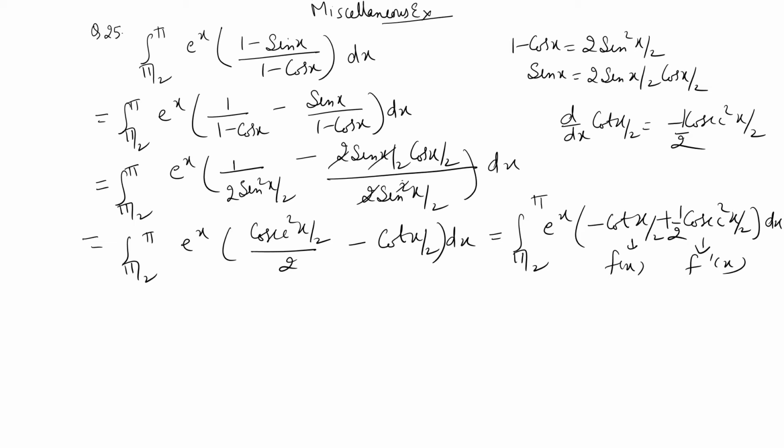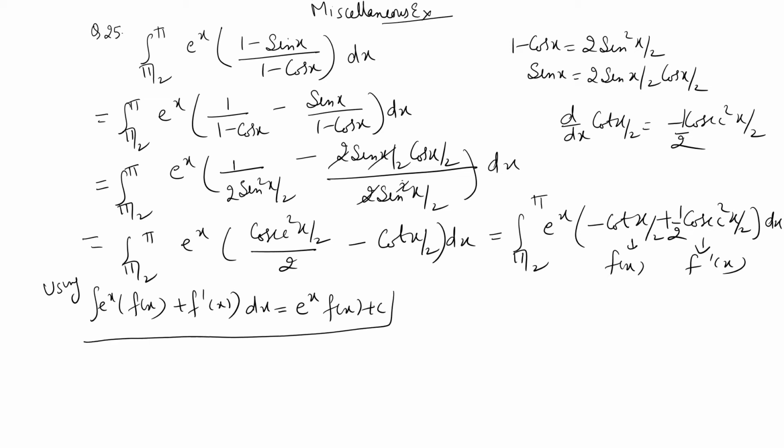Now using the formula e raised to power x [f(x) plus f dash x], what will I get? The result as e raised to power x f(x) plus c. So what will be my answer? My answer will be e raised to power x, the function is minus cot x by 2.